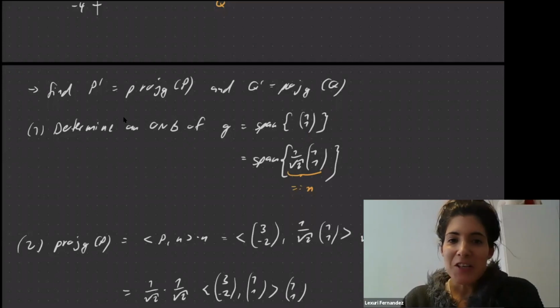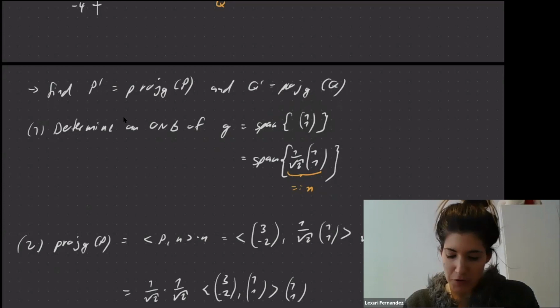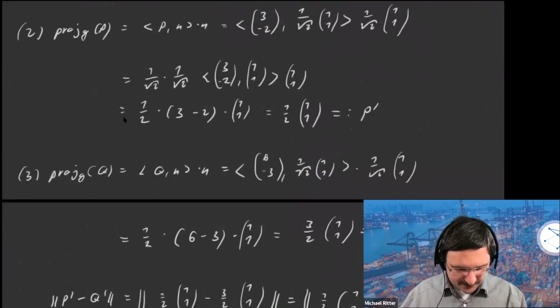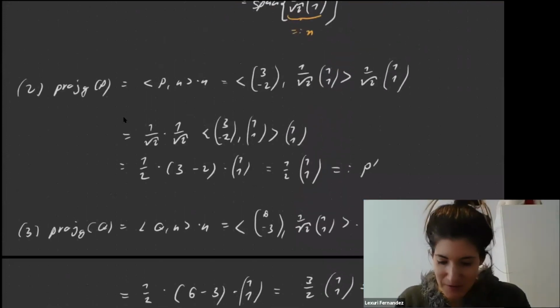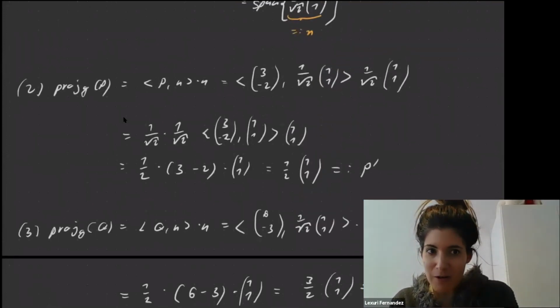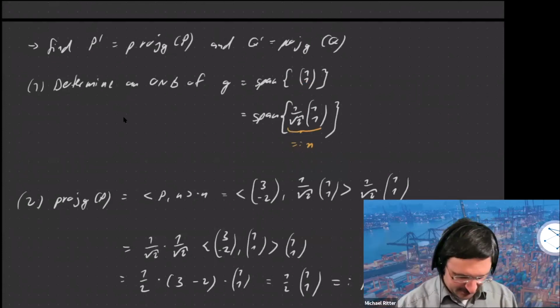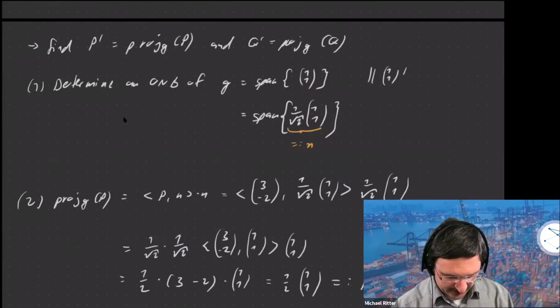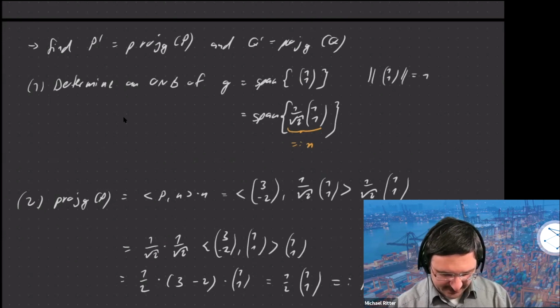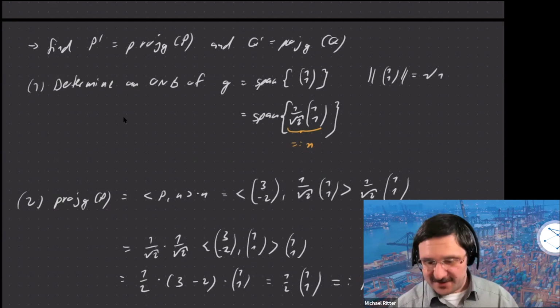Okay, then there is a question: can you please explain how you got 1 over root of 2? Well, this is computing the norm. 1 over the square root of 2, because this is the norm of the vector 1, 1. What I'm doing here is computing the norm of the vector 1, 1, and that is defined as the square root of the sum of the squares of the entries.